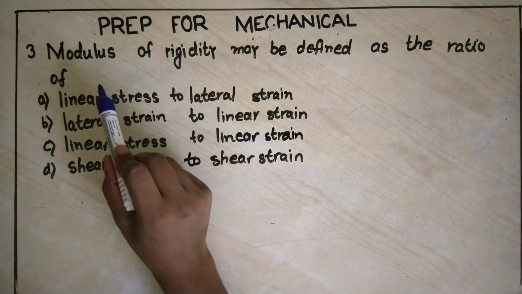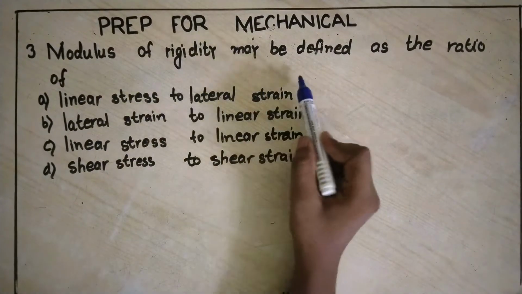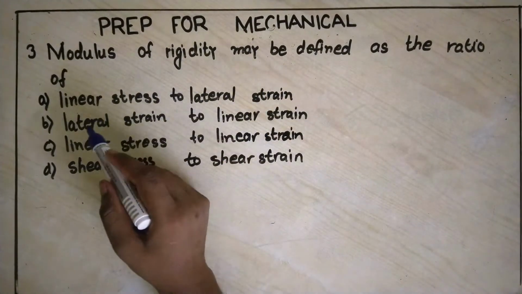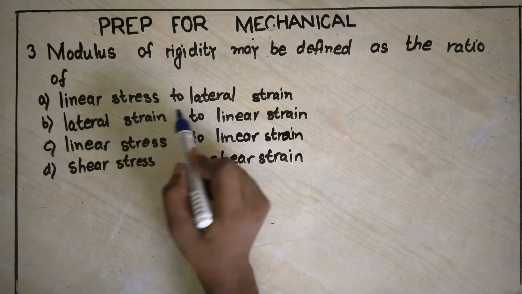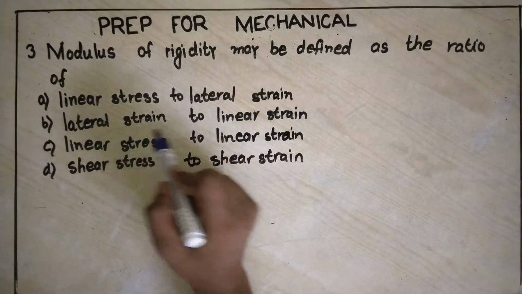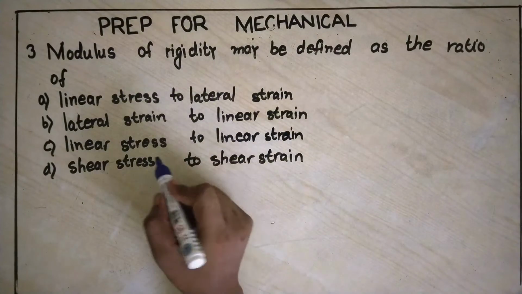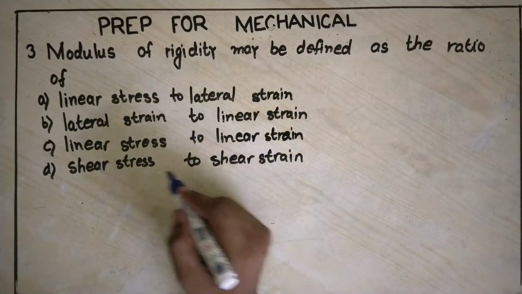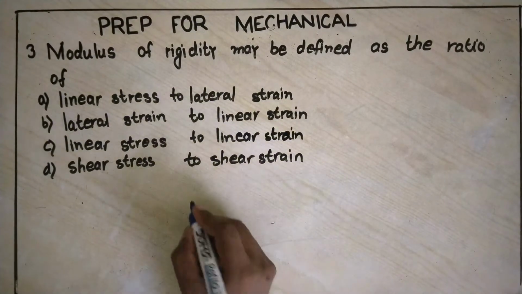Our third question is: modulus of rigidity may be defined as the ratio of, and the options are linear stress to lateral strain, linear stress to linear strain, shear stress to shear strain.